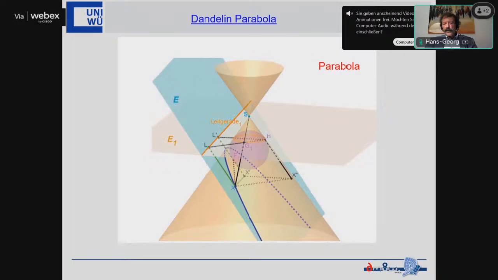And you can also see this definition of a parabola with Dandelin spheres, but this is not so easy to explain and to see. You see it on this quite complex picture that you have to draw some additional lines to see this relationship.